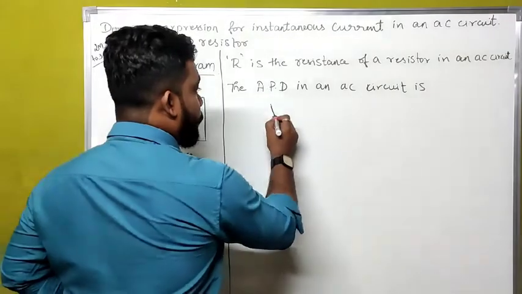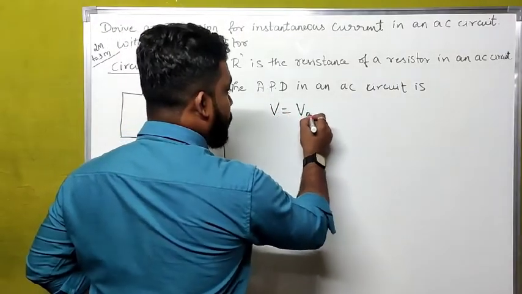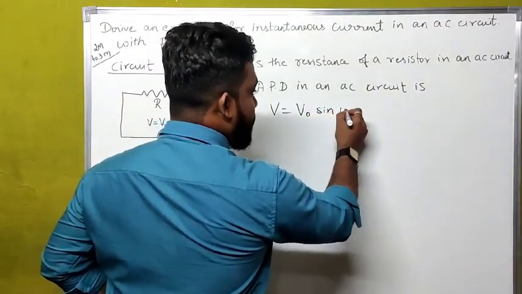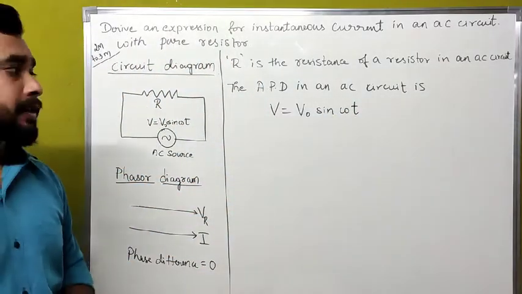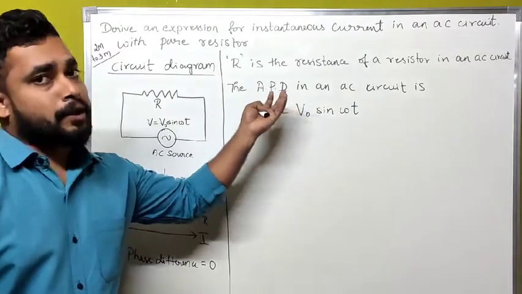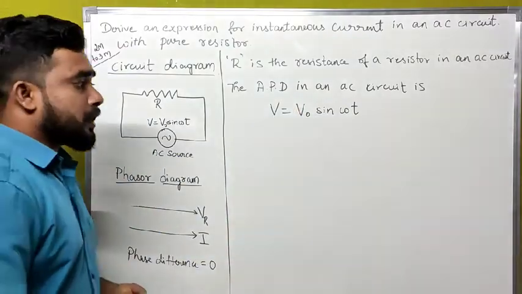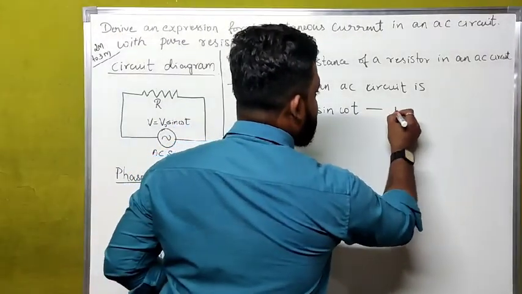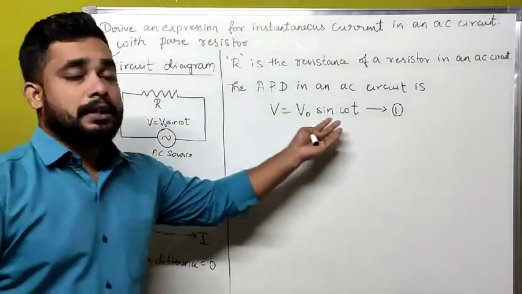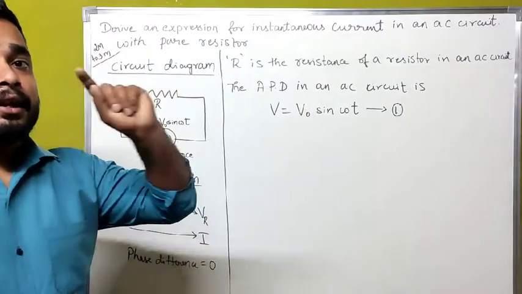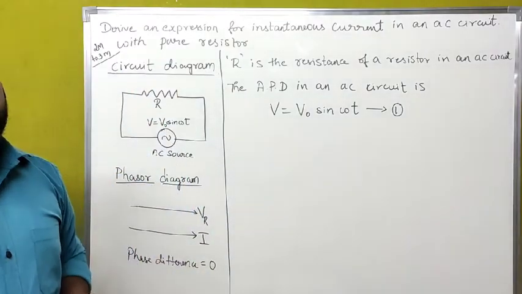That is V is equal to V naught sin omega t. This is the expression for alternating potential difference or alternating voltage. Let us assume this as equation 1.